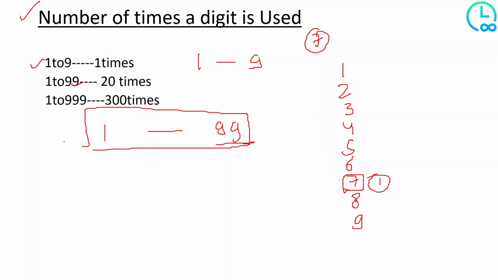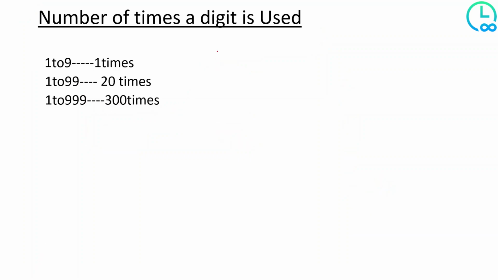You can use permutation and combination and other things, but here I'm going to tell you the simplest way. I will tell you a pattern so that you can find how many times a digit will be used. So let's just focus on the pattern. From 1 to 9, any digit will be used one time. Here 1 and 9 both are included.